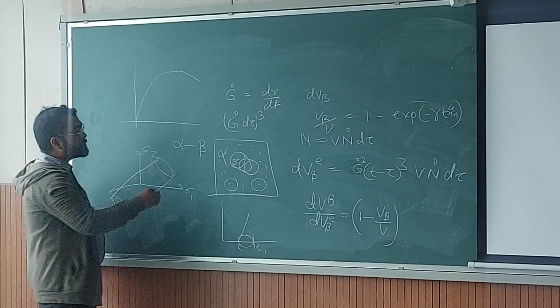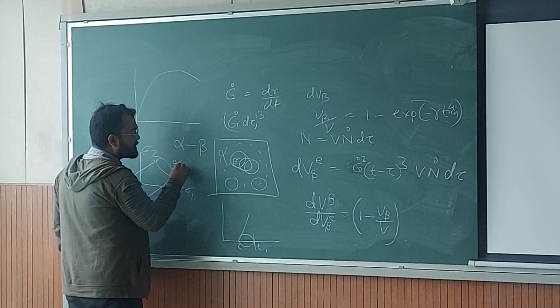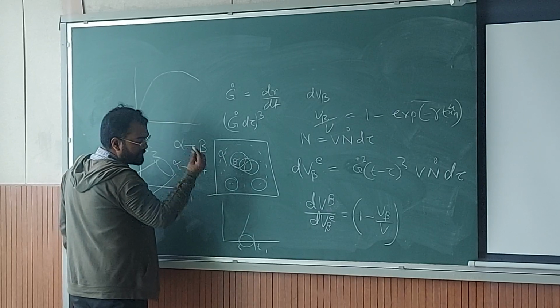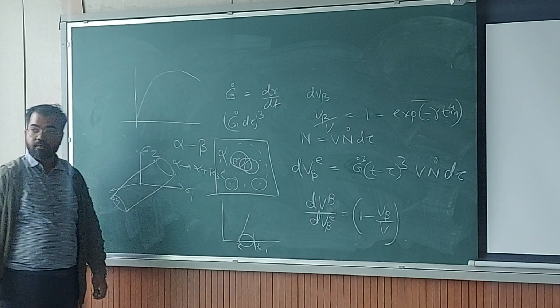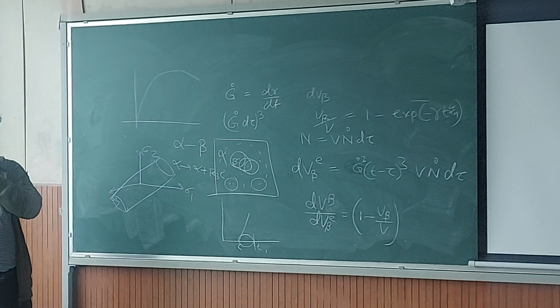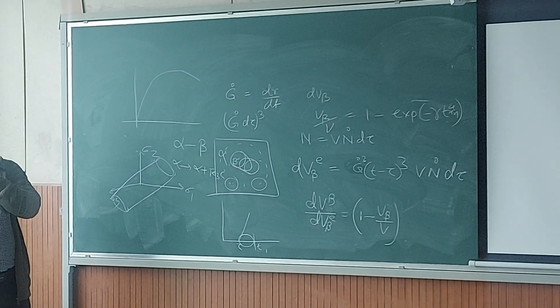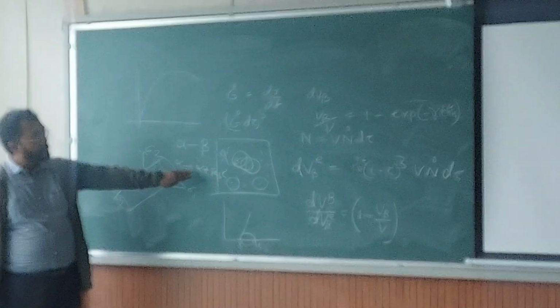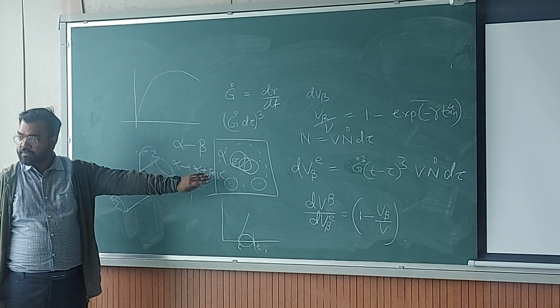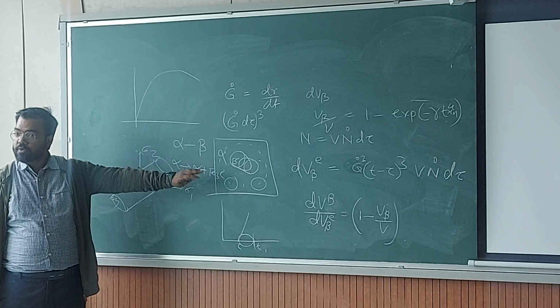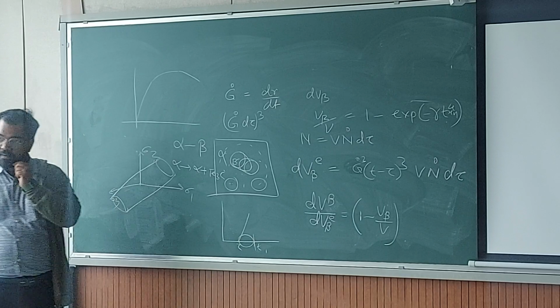Or you can also have a transformation where alpha transforms to alpha plus some precipitates. And in that case, V beta by V will be representing the transformed volume of Fe3C because alpha is untransformed. So in that case, it will not go to 100%. Okay.